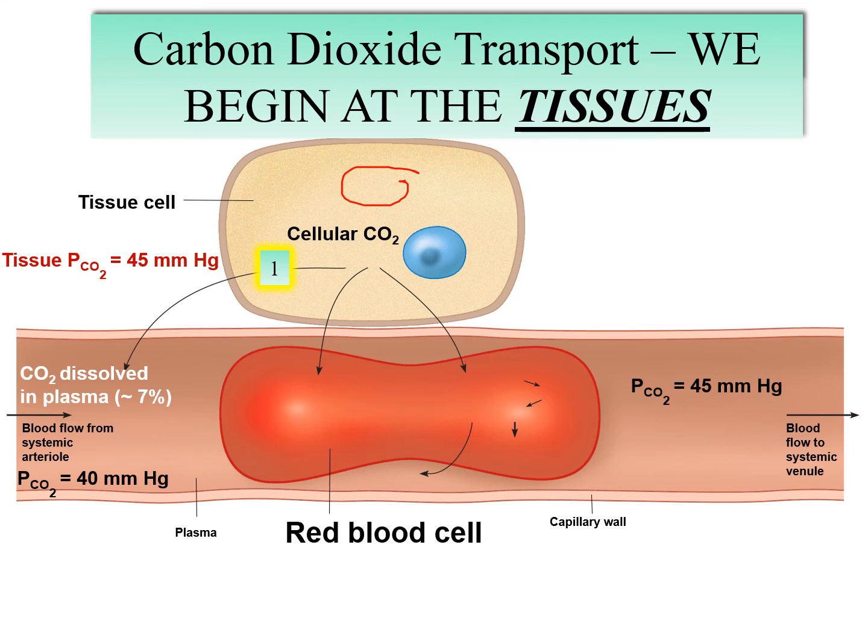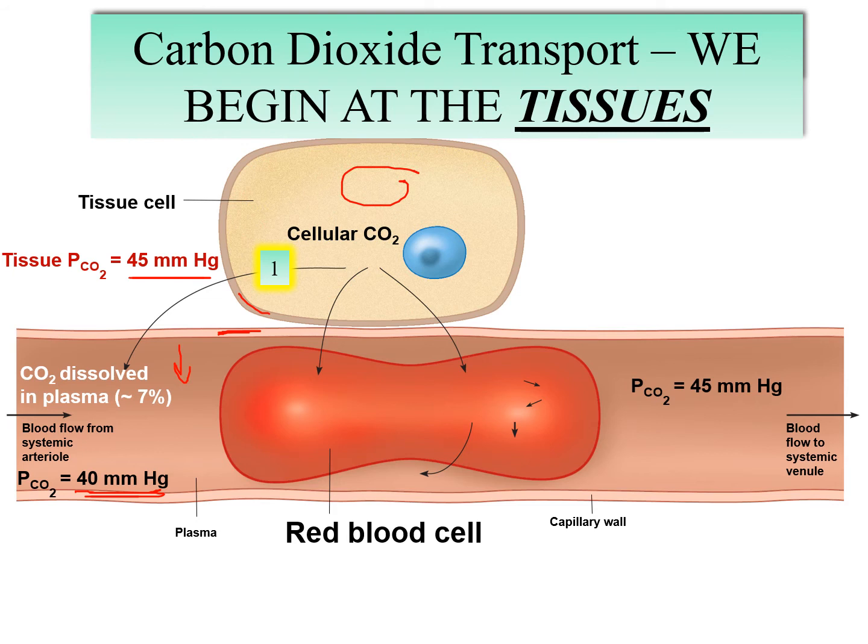And that PCO2 of the tissue, 45, as compared to the PCO2 of the blood, 40, just like we saw earlier. So where's CO2 going to move? Well, it's going to diffuse from a higher partial pressure to a lower partial pressure. It's going to move from the tissue across the wall of the tissue cell, across the wall of the blood vessel, and get into the bloodstream.